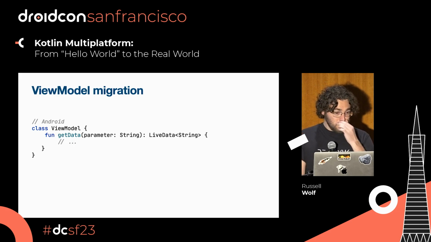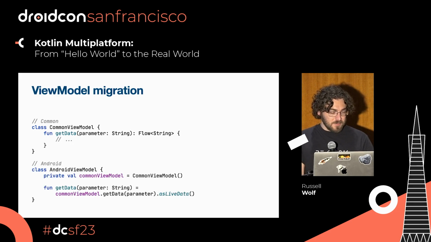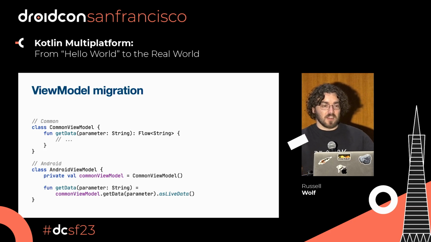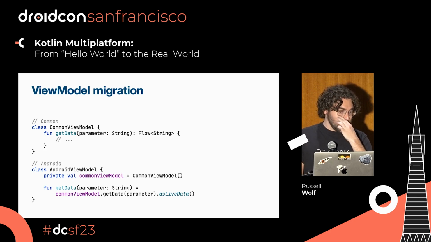What we ended up doing is pulling out a common view model layer that did all the same work but exposed things as a Flow, and then adding a thin wrapper at the Android layer that takes that common view model and converts all of its Flow APIs to LiveData. Kotlin coroutines already provides useful helpers to do that. So it ends up being a little repetitive, but it's easy to write.